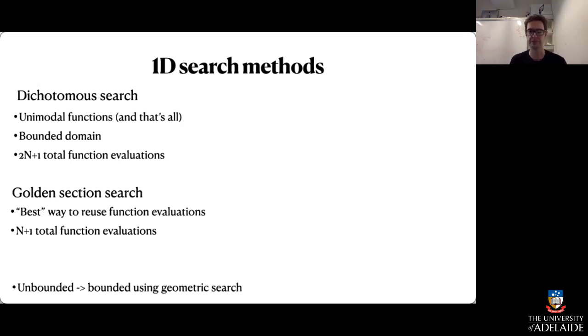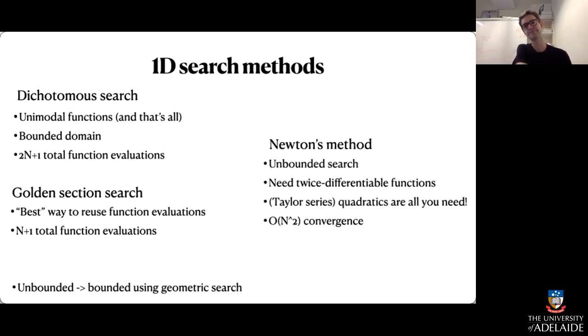That was the geometric search idea. Essentially, the method for unbounded problems in 1D was to convert them into bounded problems through a geometric search. And then, we're legally required by the laws of mathematics to talk about Newton's method whenever we teach a course on optimization, because it's the jewel in the crown of all of these methods.